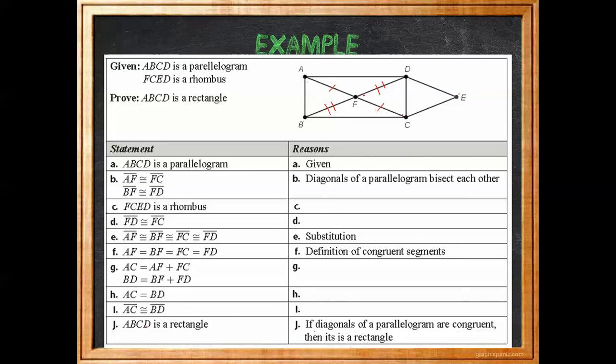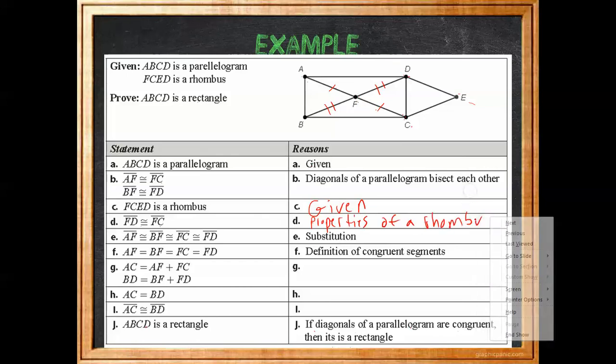Okay, FCED is a rhombus. That's our given. Okay, so FD is congruent to FC. Okay, and that's because of properties of a rhombus. Right, that's just one of the things that we know that's true about a rhombus.